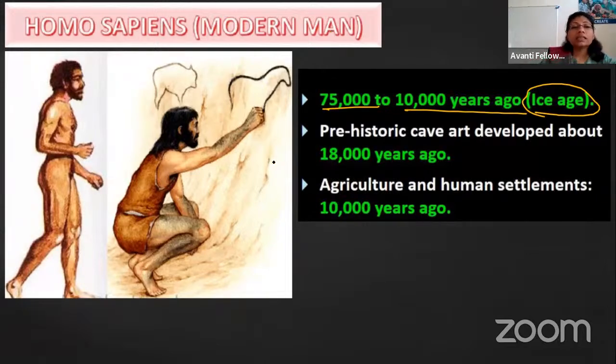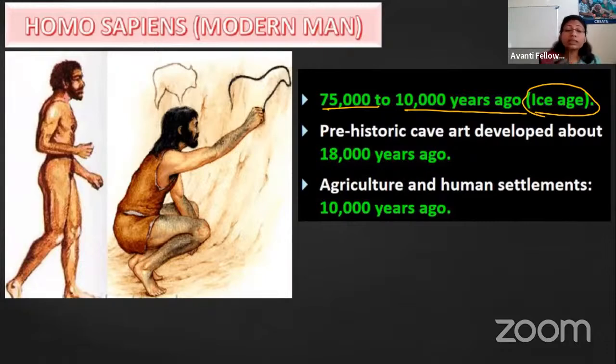See, modern man, or we can say the Homo sapiens, are the ones who discovered a proper language for communication. They started speaking in the Neanderthal stage, but we did not have a particular language to express ourselves.